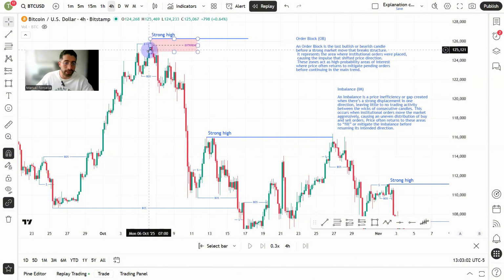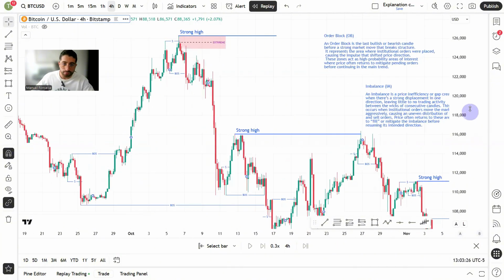It probably made a buzz, not in the daily or 4-hour time frame, which is the time frame we're working on now, but maybe in 1 hour or 50 minutes. And then the price entered this order block, this extreme move creator, and then it breaks the structure.